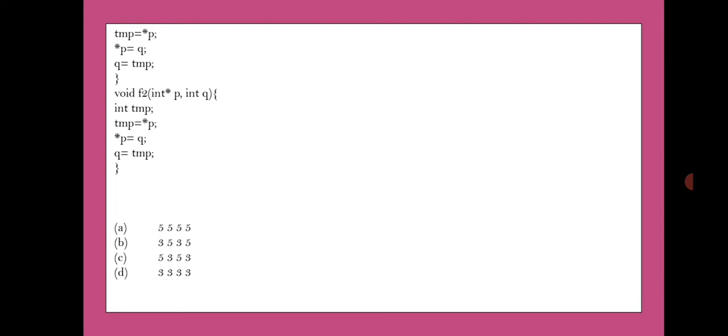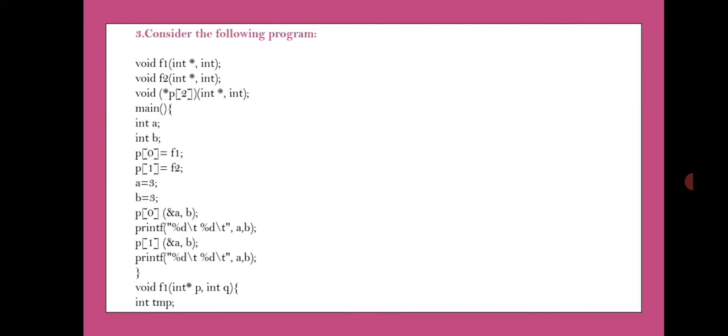We are trying to print a and b twice, right? That is what is in the main, isn't it? See, void of pointer p of 2 int pointer int defines an array of pointers to a function which accepts two arguments, that is pointer to int and returns int. p of 0 is equal to f1. That's what the program suggests in the main.